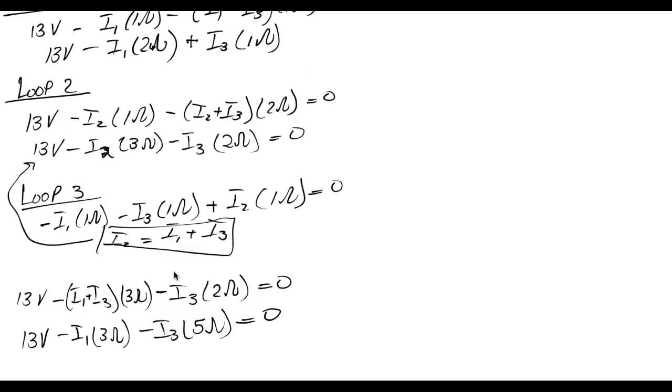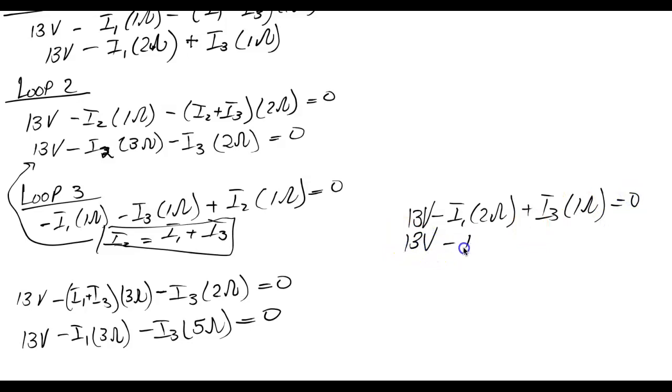Now notice that the first equation, if we write this as 13 volts minus I1 times 2 ohms plus I3 times 1 ohm equals 0. And the second, 13 volts minus I1 times 3 ohms minus 5 ohms times I3 equals 0.